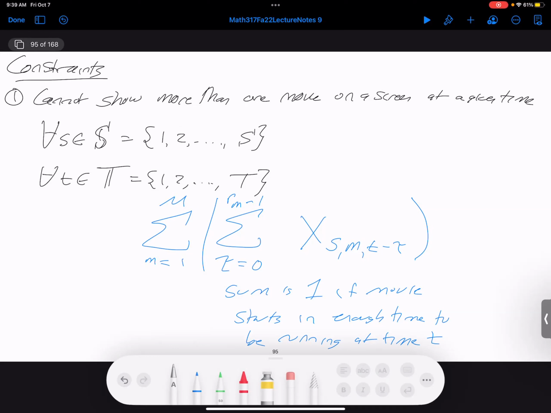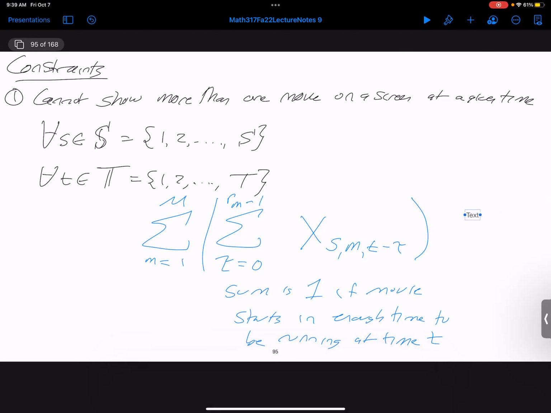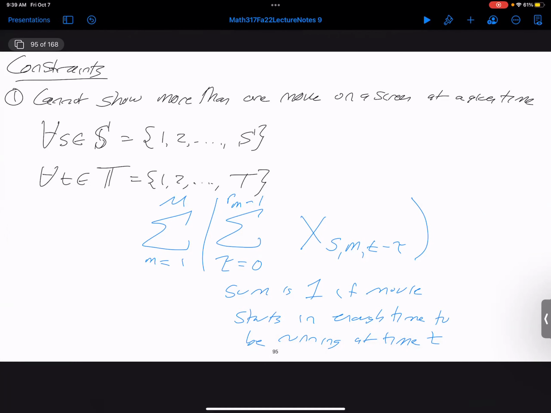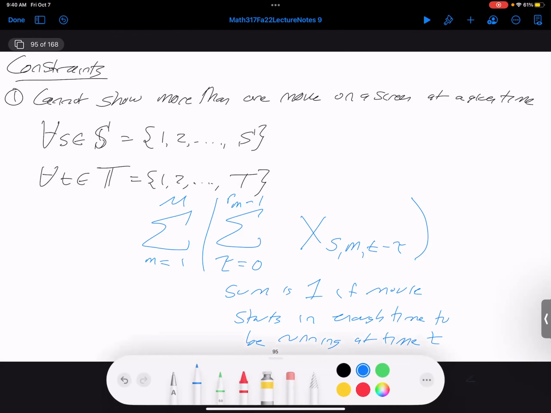This will tell you how many movies are running on screen S at time t. Less than or equal to 1. And so this is less than or equal to 1.